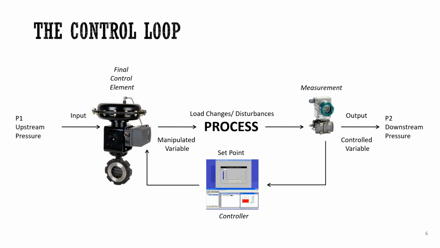The measuring device calculates the difference between the actual flow and the desired set point. It sends a signal back to the controller. The controller then communicates back to the final control element, and the valve will either open or close based on what we need to do to achieve the desired set point. So again, very simple, but that's basically how a control loop works and where the control valve fits in the control loop.